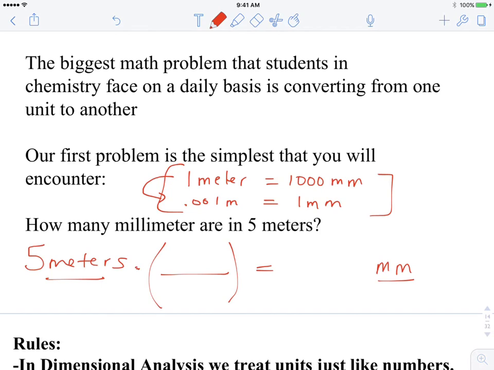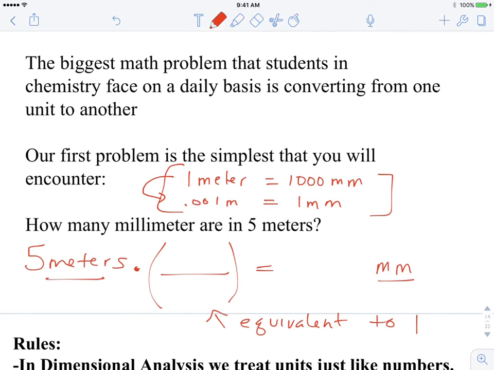So I multiply the meters by some kind of factor. The factor, in order for it to work, this has to be equivalent to 1. You've learned this in math, that you can multiply any number by 1 or its equivalent of 1 and it will stay the same.